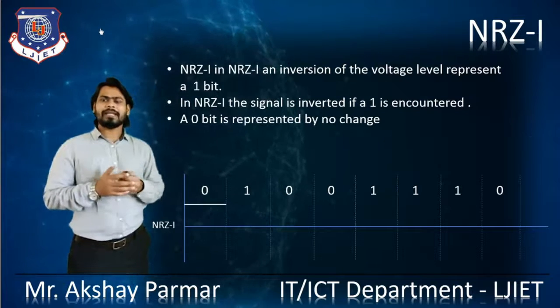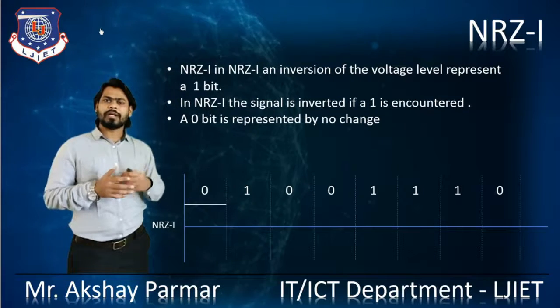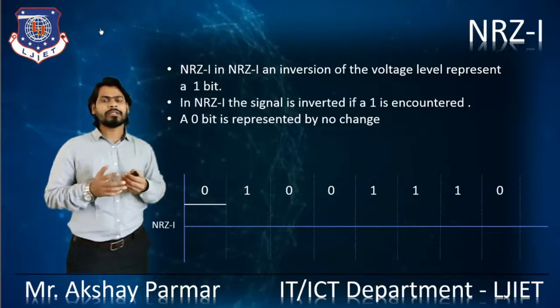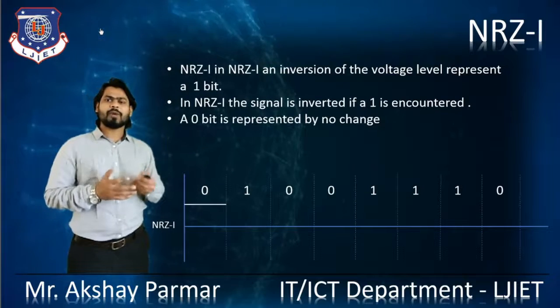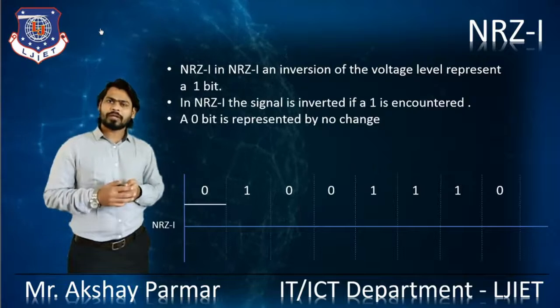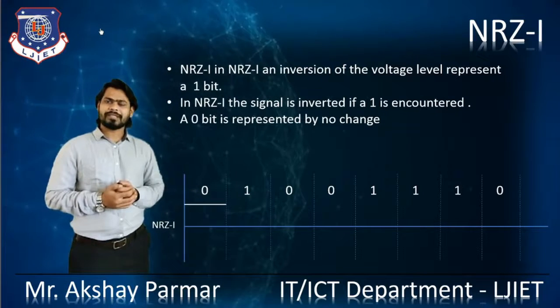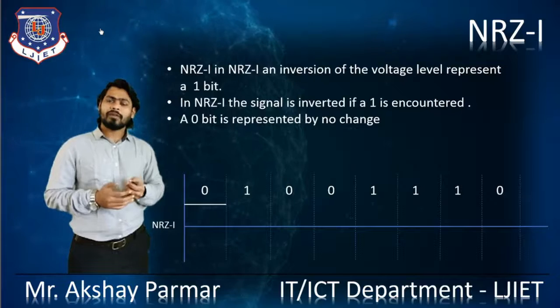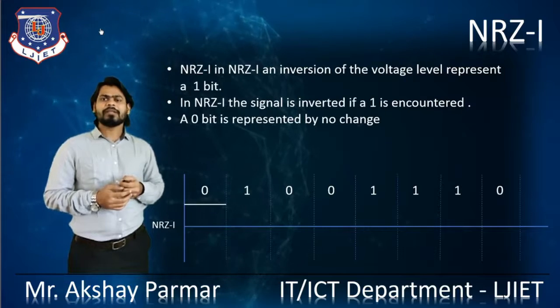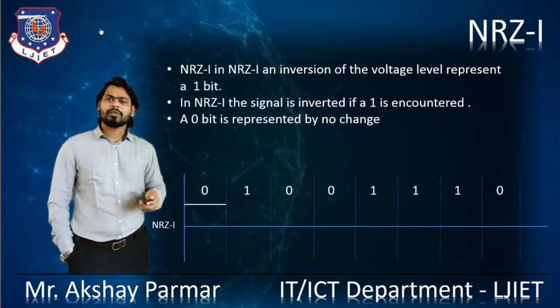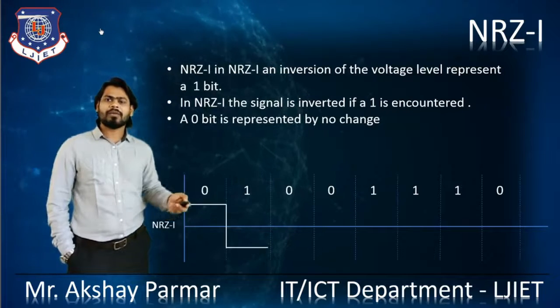Whenever a 1 bit is encountered, we invert the voltage of the current state. After the 0 bit, the 1 bit comes, so we invert the state: we had the positive voltage for the 0, so we invert it to represent the 1.